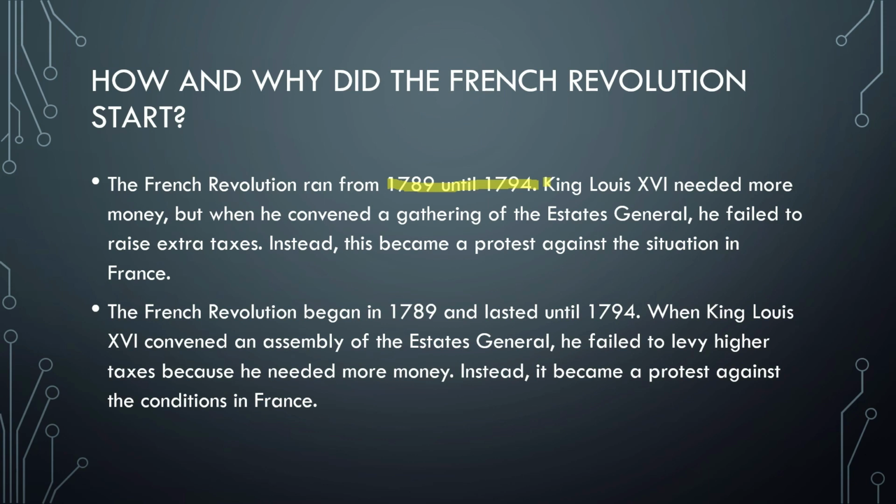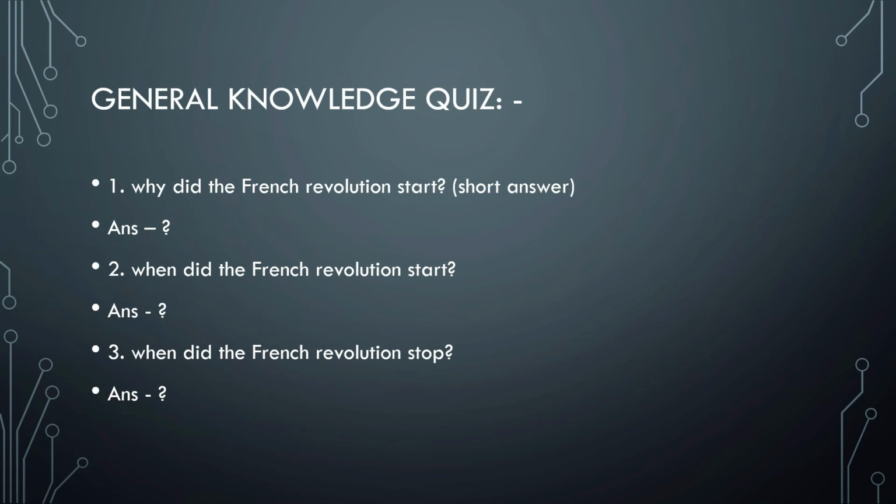And the names of the rulers, you need to highlight them as well, so you can remember them, and the causes and other things like Estates General, extra taxes, things like that. That would be helpful for you when teachers ask you about these things in your classes.